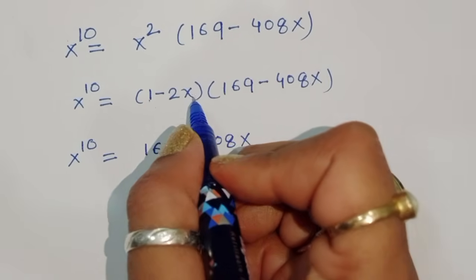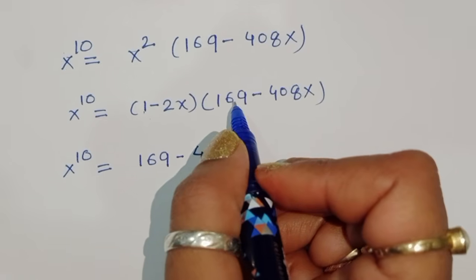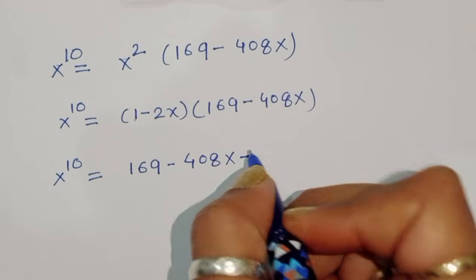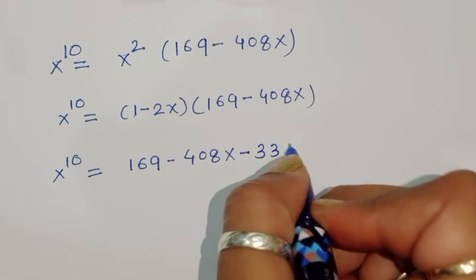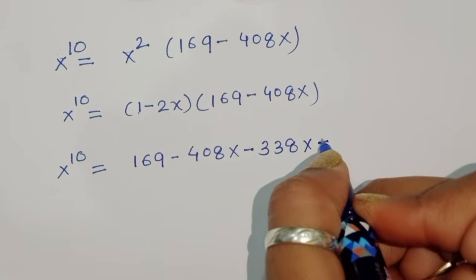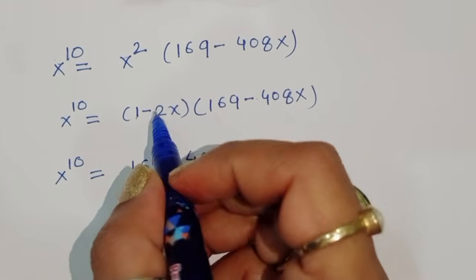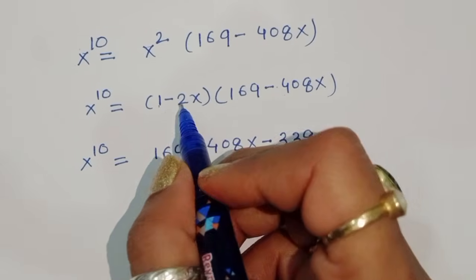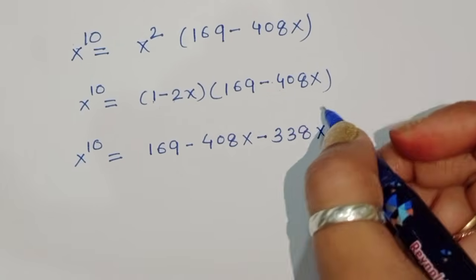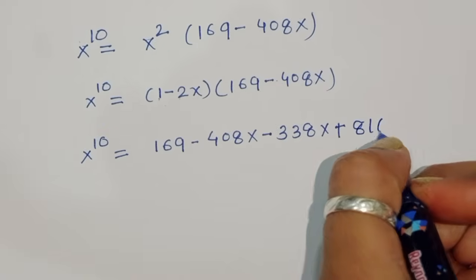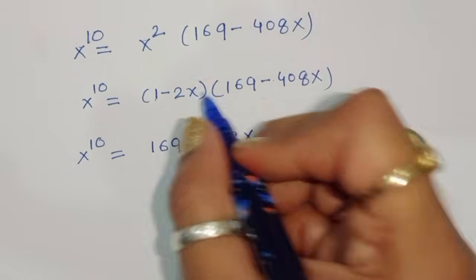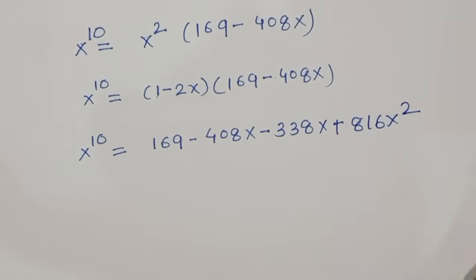Now minus 2x times 169 will become minus 338x, and minus minus plus, 2 times 408x will become 816, and x times x will become x square, right?